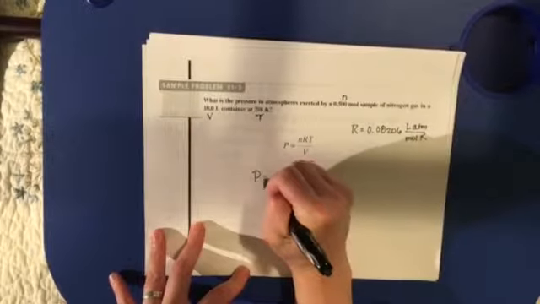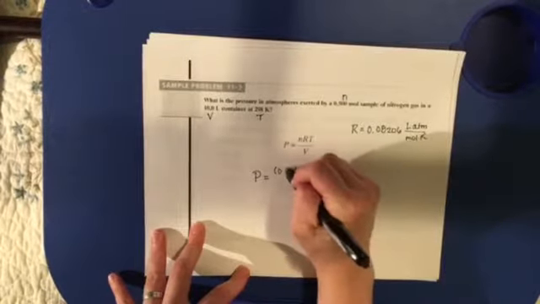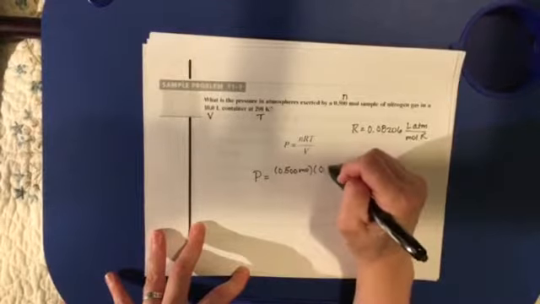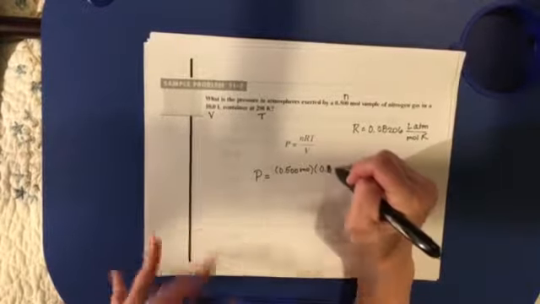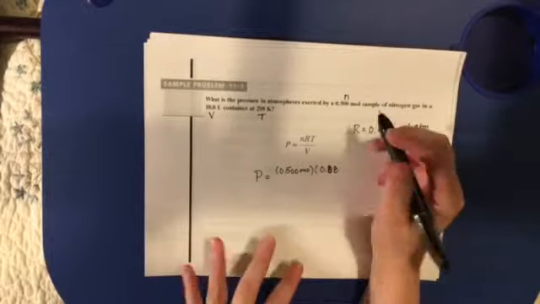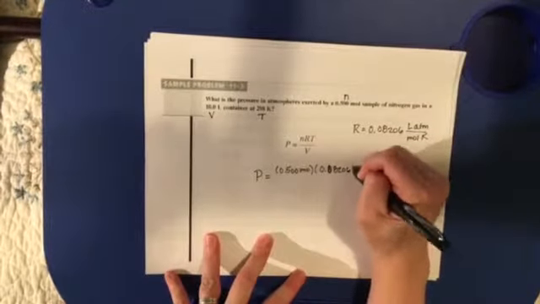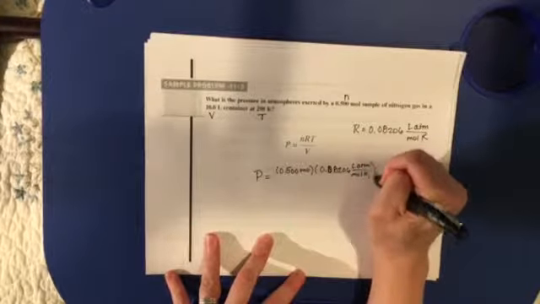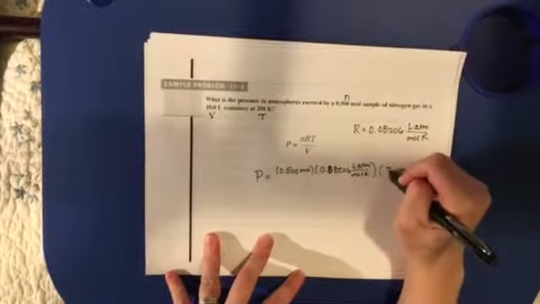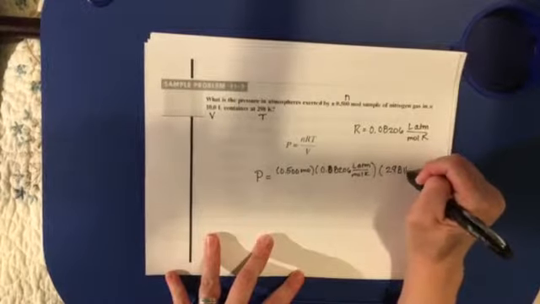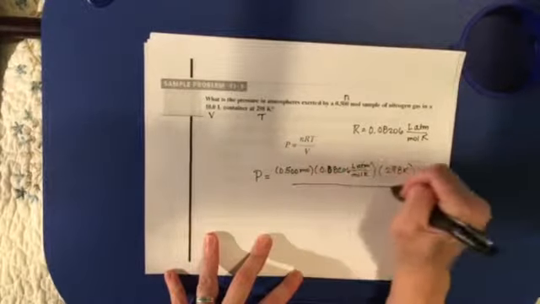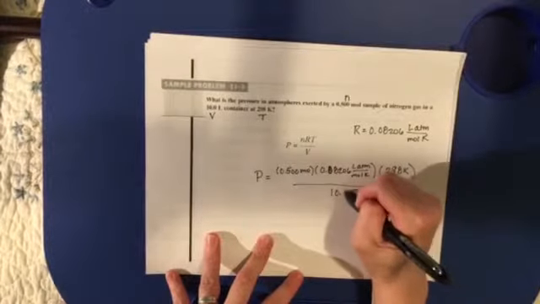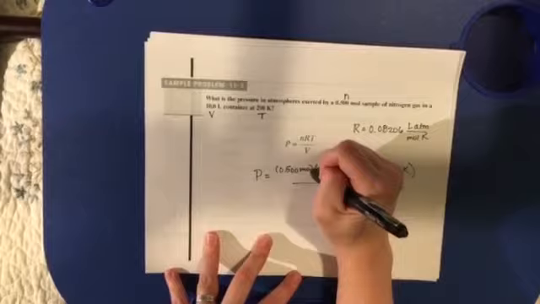And so P equals 0.500 moles times 0.08206 liter atmosphere over mole Kelvin times the temperature, which is 298 K, over the volume, which is 10.0 liters.